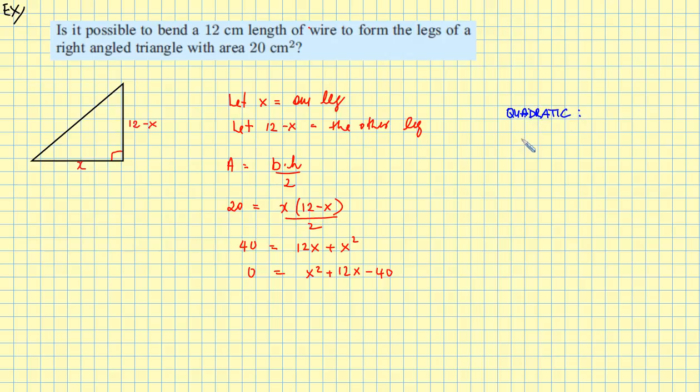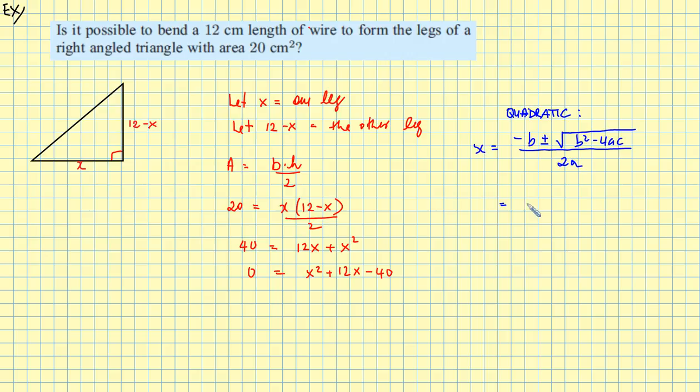So I use the quadratic where I say negative b plus or minus the square root of b squared minus 4ac all divided by 2a, and that would be my value of the x. Remember, I'm looking for the length of the legs of the wire.